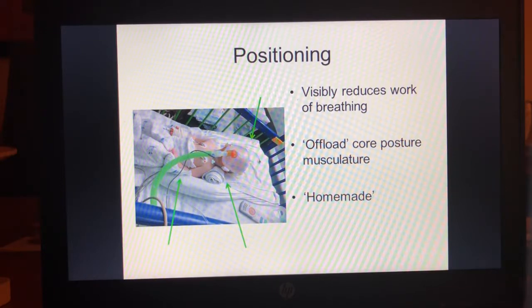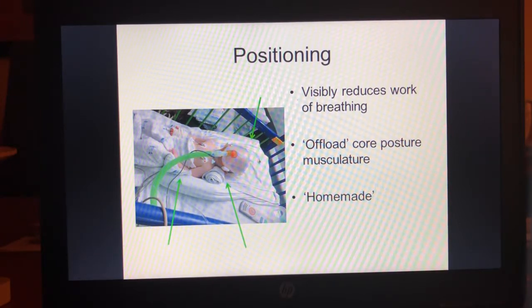And as you can see here on this photograph, the bottom right hand arrow is pointing to a neck roll, firstly, to support the neck and make sure that the airway is open appropriately, and that the bottom left-hand arrow shows a sling which goes underneath the thighs and supports the hips at a 90-degree flexion, and that support really offloads the core muscles.